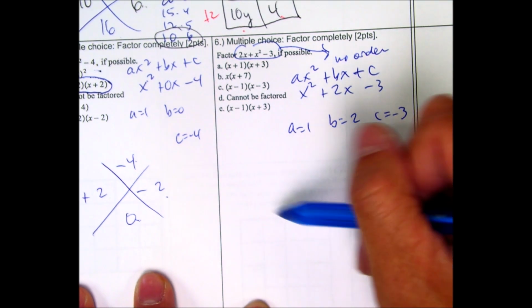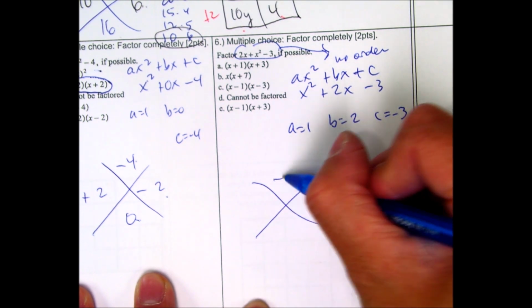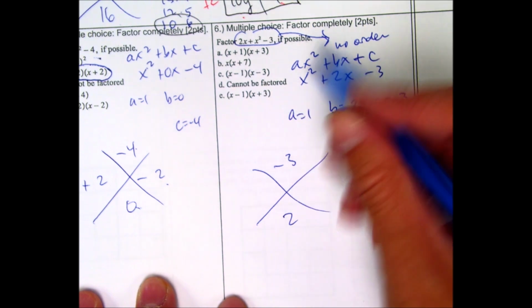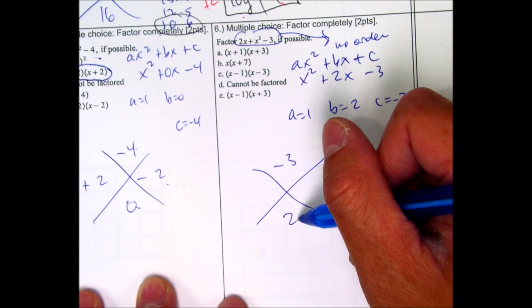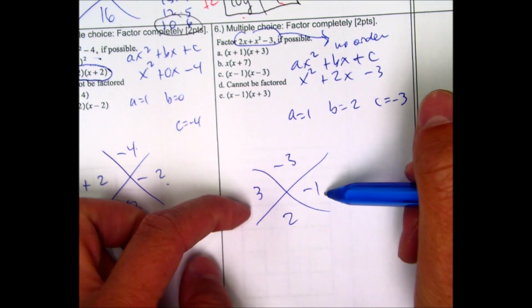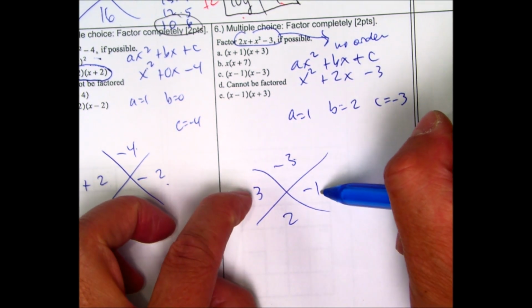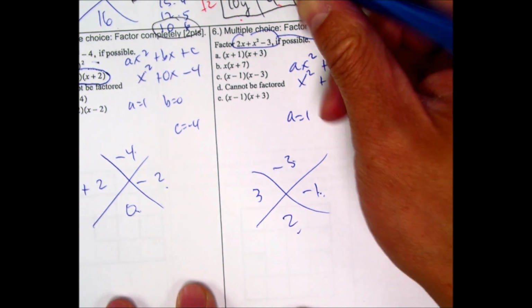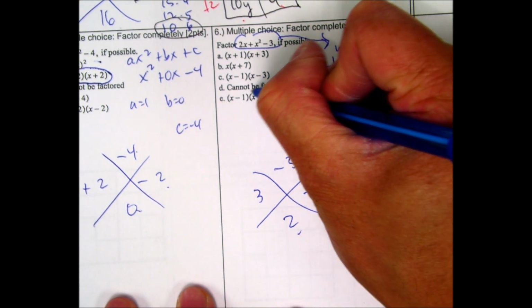Now I need to think of a times c, negative 3, b value is 2. Two numbers that multiply to be negative 3, but also add to be 2. Those are 3 and negative 1. 3 times negative 1 is negative 3. 3 plus negative 1 equals a positive 2. So that would be choice E.